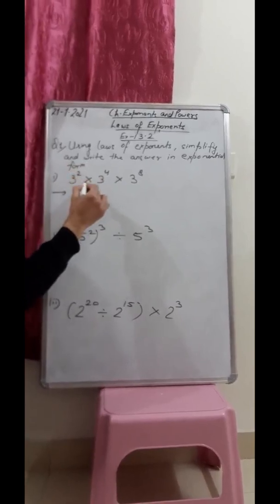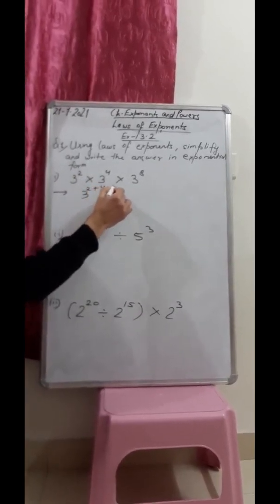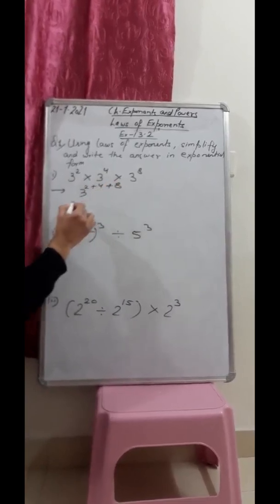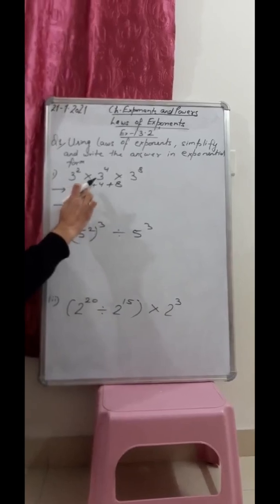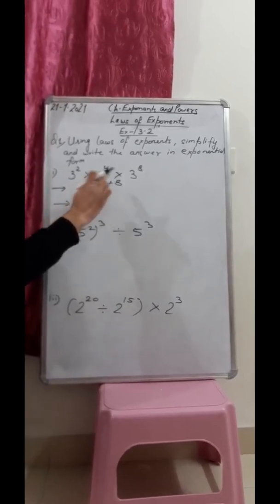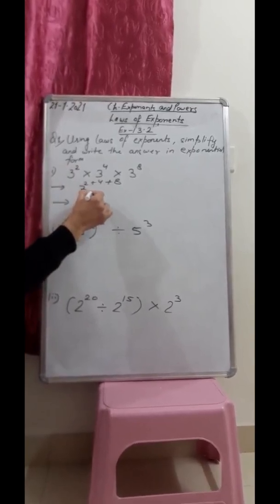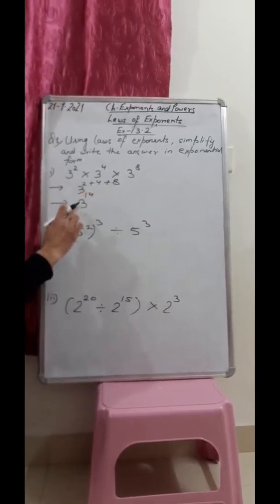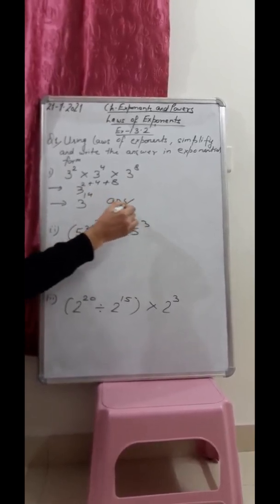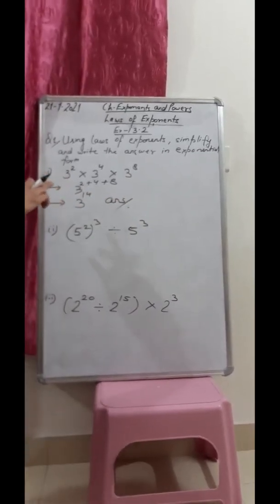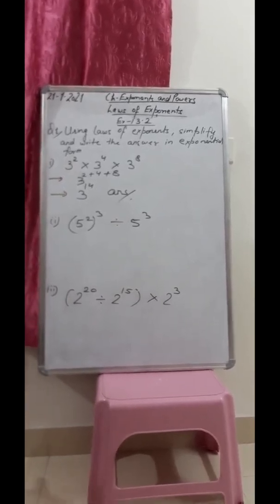So the powers are 2 plus 4 plus 8. 2 plus 4 is 6, 6 plus 8 gives you 14. So the exponential form will be 3 raised to power 14. In this way we can write it in exponential form using the law of exponents.